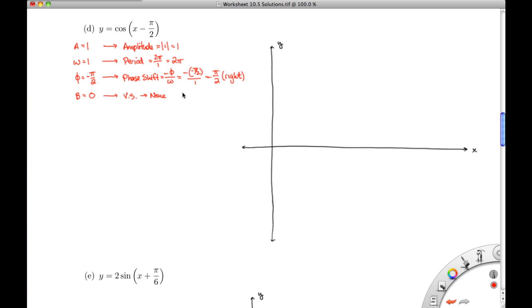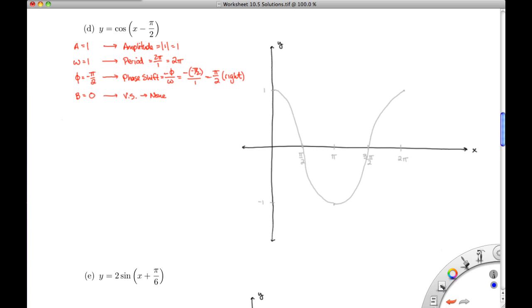Okay, so now we're going to go ahead and put this together. So let's bring up our curve so we can see cosine. So this is normal cosine. And what we're going to do is we're going to shift all these points to the right, pi over 2. Now we can probably do this pretty easily visually on our own, but I'm going to kind of lay the groundwork for what we're going to need to do when it gets a little bit more complicated.